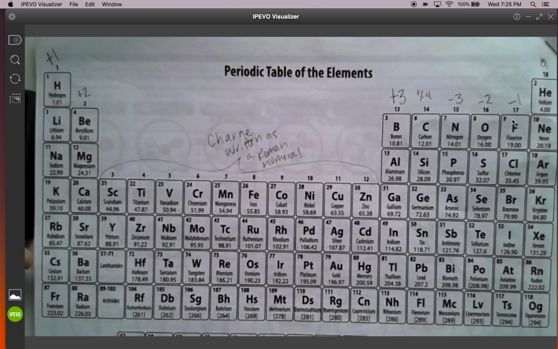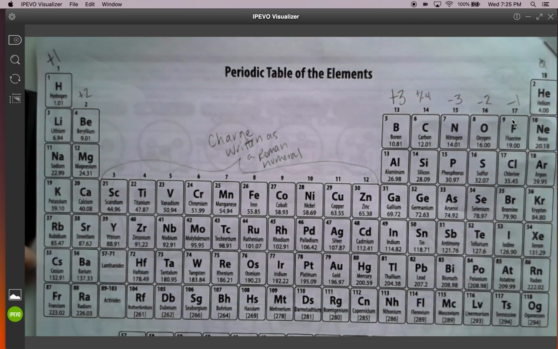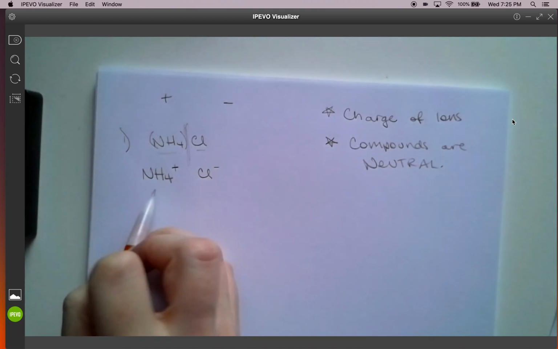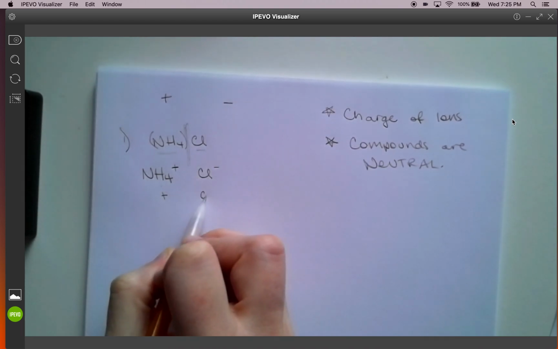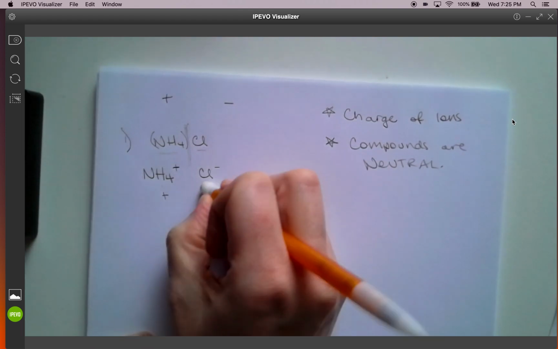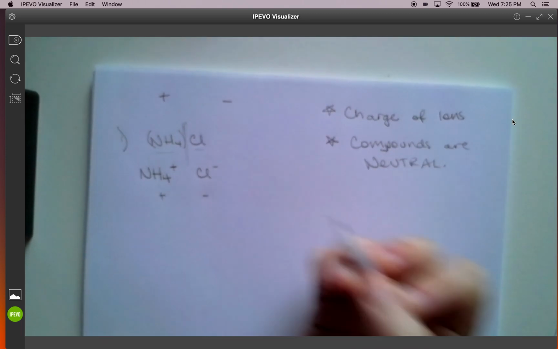And there you go, there's your chloride. Chloride will always and forever have a charge of -1, as will every other halogen. So you've got ammonium that has a charge of +1, a chloride that has a charge of -1, and it works. That's actually neutral right there. You've got +1, -1, that is a neutral compound.